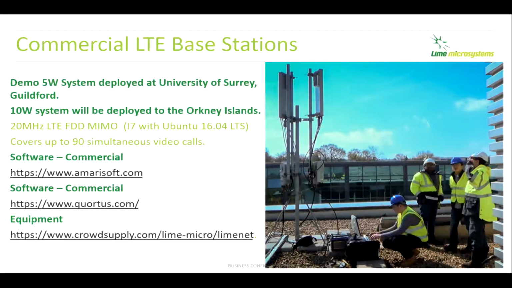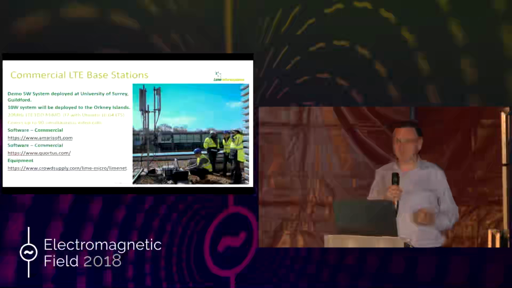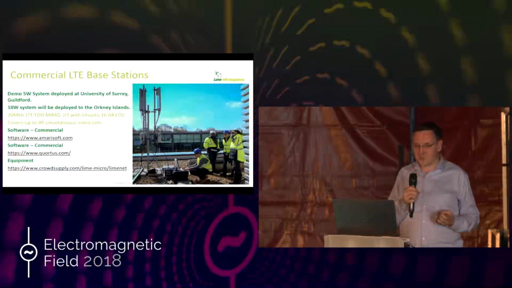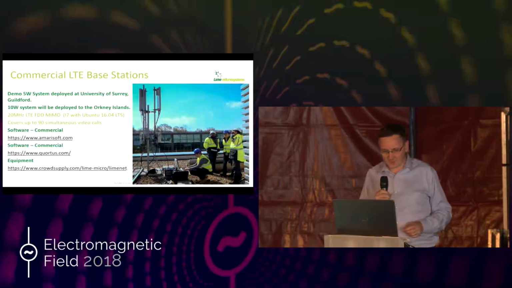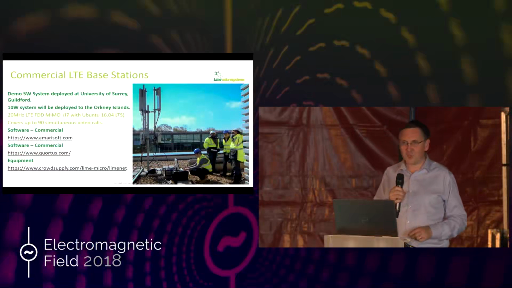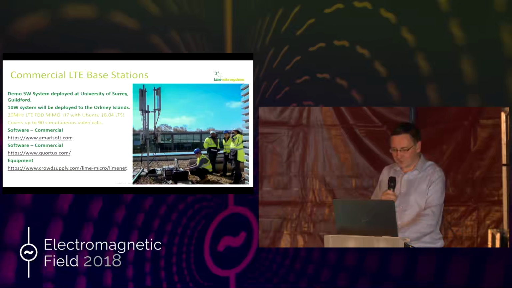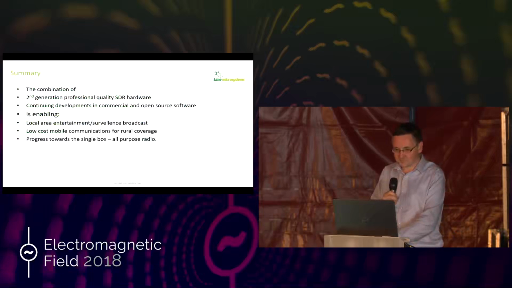So for example, we have a trial system at the University of Surrey in Guildford on top of the 5G Innovation Centre. And another system is being rolled out, which I think is 20 watts, and is going to be deployed in the Orkney Islands in Scotland. And this is using commercially available software such as Amarisoft and Quartus. And I think the hardware is on the LimeNet project, for those who want to follow up on that.